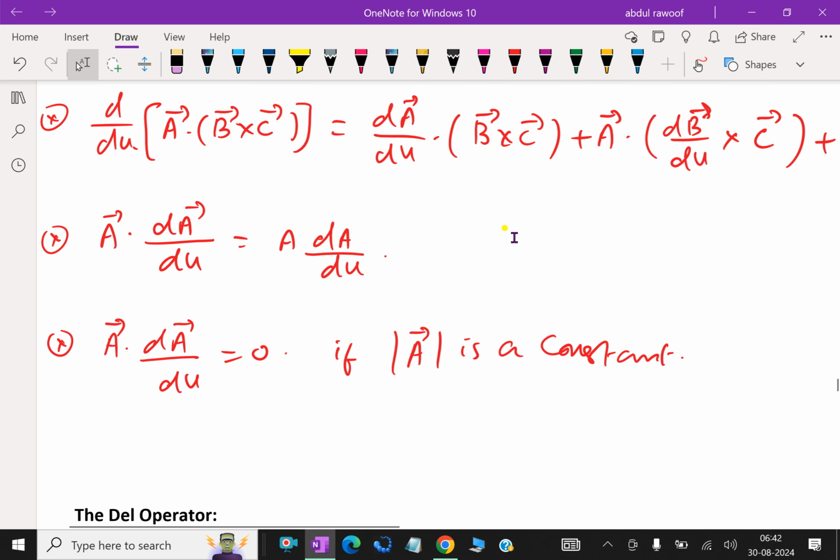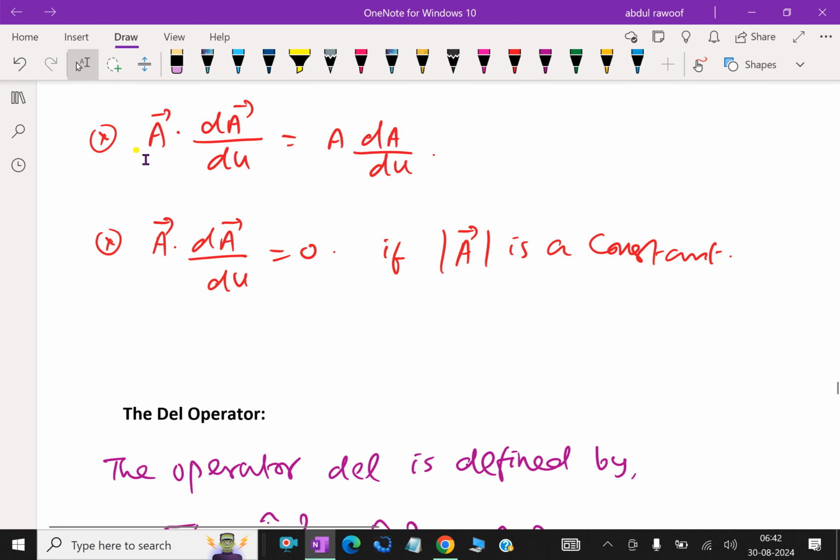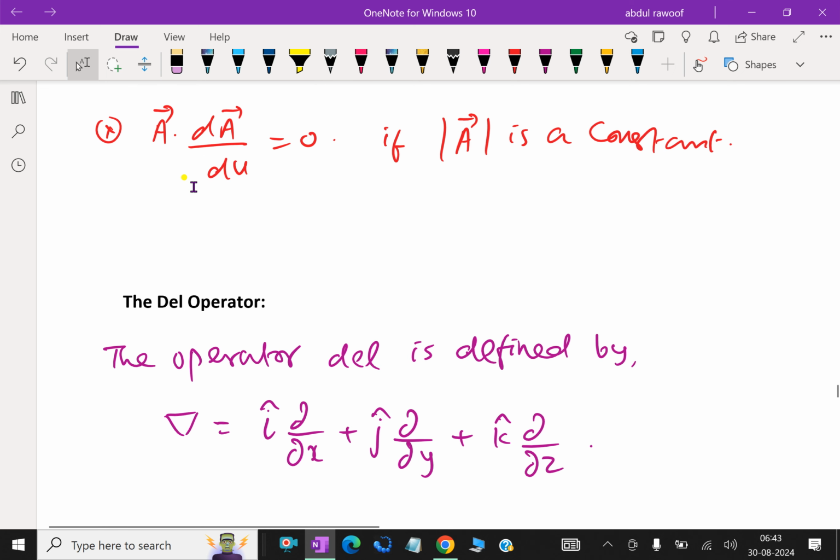Remember this result. Next one, vector A dot dA by du is equal to A dA by du, where A is the modulus of vector A. Next one, vector A dot dA by du is equal to 0 if the modulus of vector A is a constant.